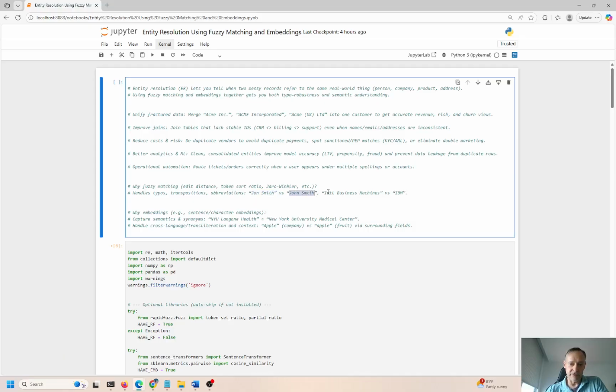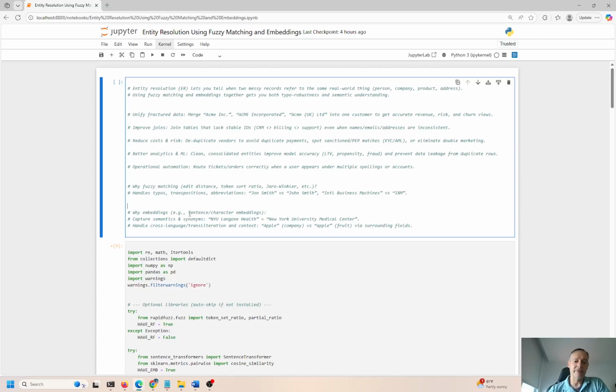Or IBM versus International Business Machines, right? If we know fundamentally this is the same thing, we want to take this and clean it up, right? And match this data together. If we know that these two people are the same, but somebody left off the H over here, that could have an impact on their business, right? We can't find this guy, John Smith, he doesn't exist. But with fuzzy matching, we can find him very easily, right?